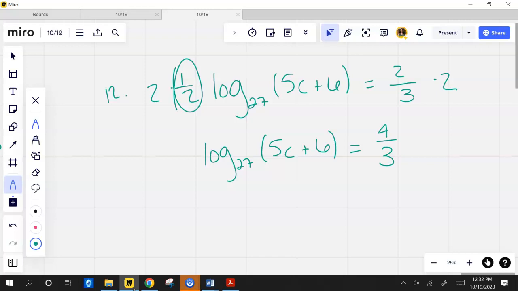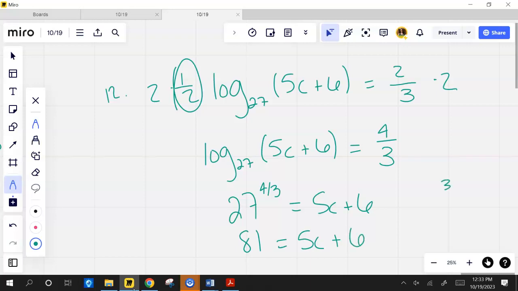What's 2 times a half? 1. So 27 to the 4/3 equals 5c plus 6. 27 to the 4/3, the cube root of 27 is 3, and 3 to the 4th is 81. So this would be the cube root of 27 to the 4th power.